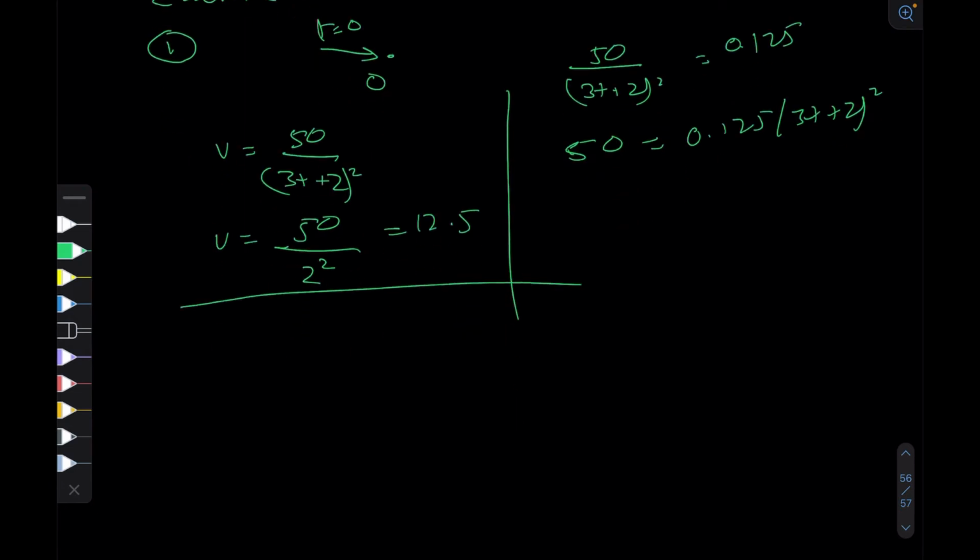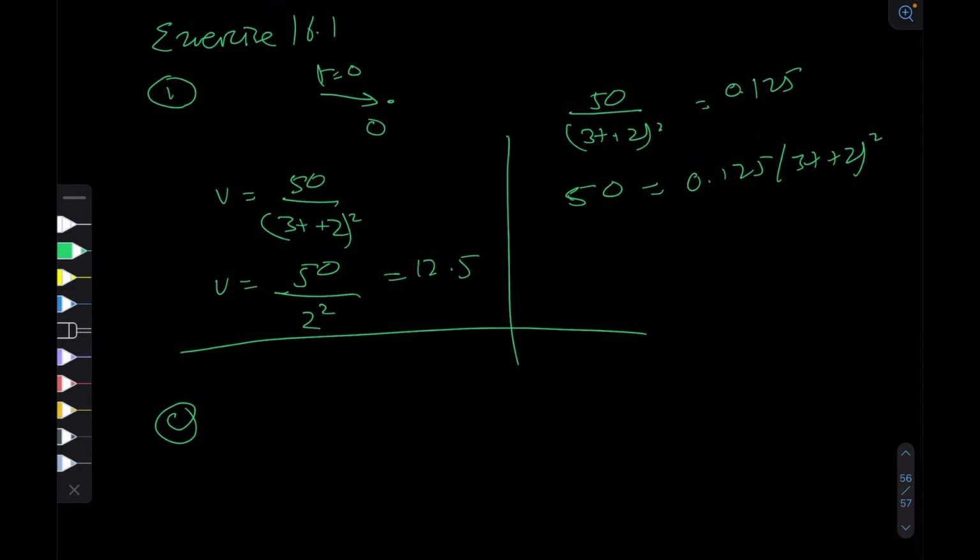And then part C is actually when the calculus part comes into play. It asks to find the acceleration of the particle when t is equal to 1. I told you that the acceleration is the differential of velocity with respect to time. So what we really need to do is find dv over dt, and we need to find that at the point t equals 1. If we apply the quotient rule, if u is 50, then u prime would be 0.